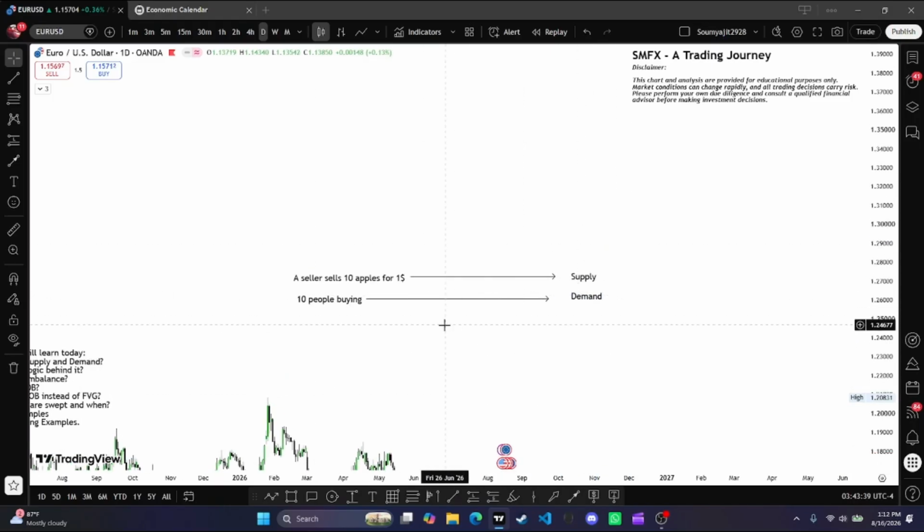So in this scenario, we have a market where a seller is selling 10 apples for $1 and 10 people are buying that. Imagine instead of 10 people, there were 20. So what would happen?